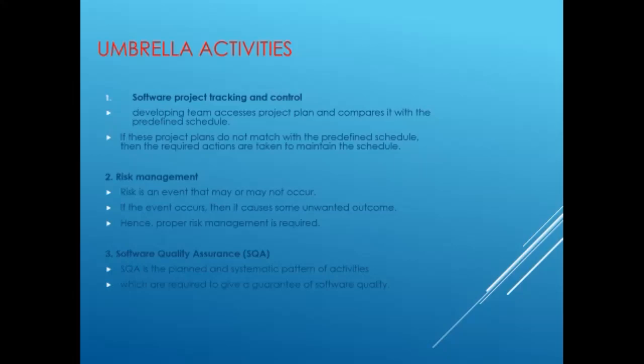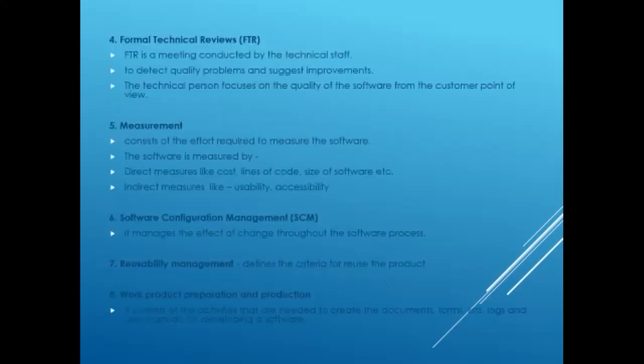Number three umbrella activity is software quality assurance, SQA. It is the planned and systematic pattern of activities which are required to give a guarantee of software quality. Number 4, formal technical reviews, FTR.